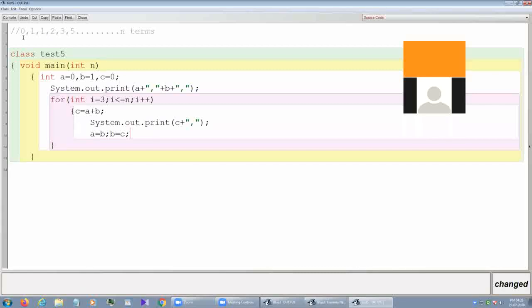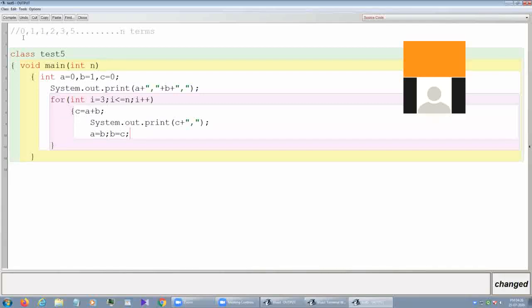That means if the value of n given by the user is 5, we'll get 5 terms. Can you tell me what these terms are?